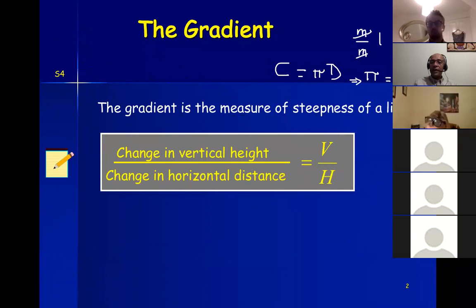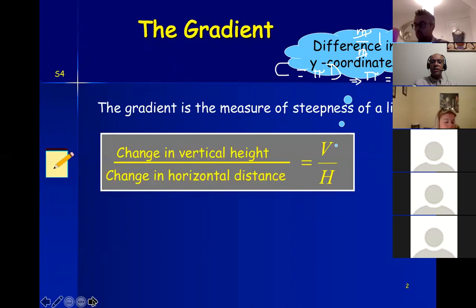And pi doesn't have a unit because it's a distance divided by another distance. So whatever unit you've got there is the same unit that you've got at the bottom, and pi is just a ratio. That's why you'll never see pi written as 3.14 meter, for example. It's always 3.14. It's the same for a gradient, doesn't have a unit, okay?